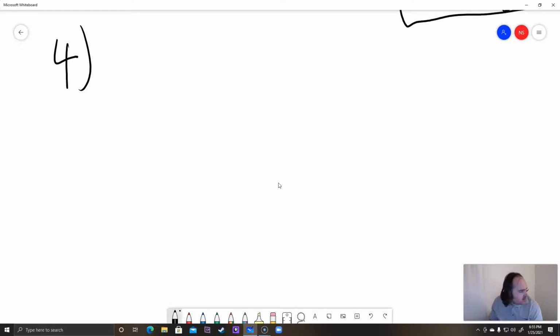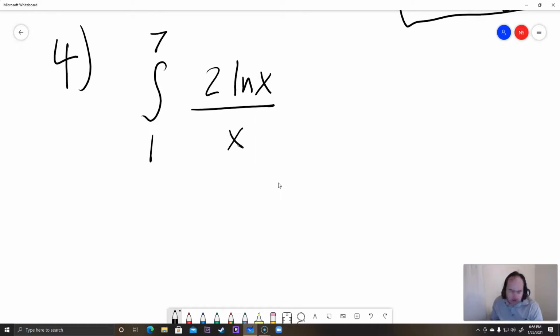This one is the integral from 1 to 7 of 2 ln of x all over x dx. The integral from 1 to 7 of 2 ln of x over x dx.